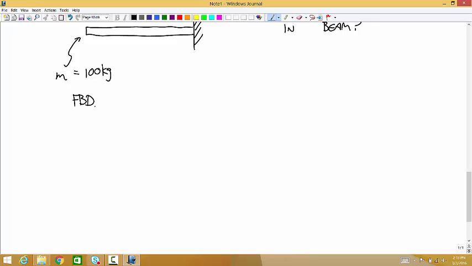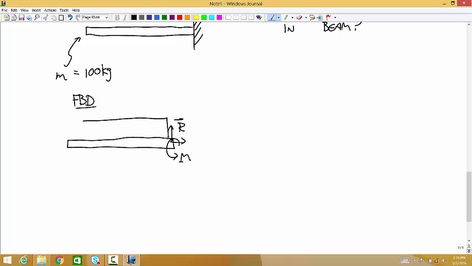Okay, so the first thing that we do is calculate the external loads. In this case, they're not going to come up since we're working from the left. But here's what a free body diagram would look like.